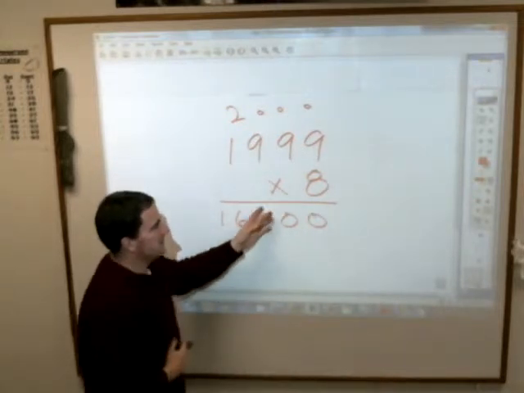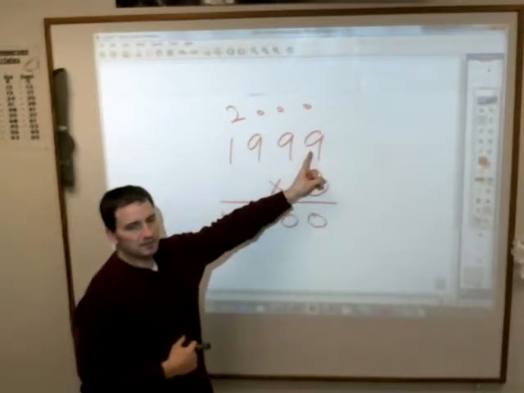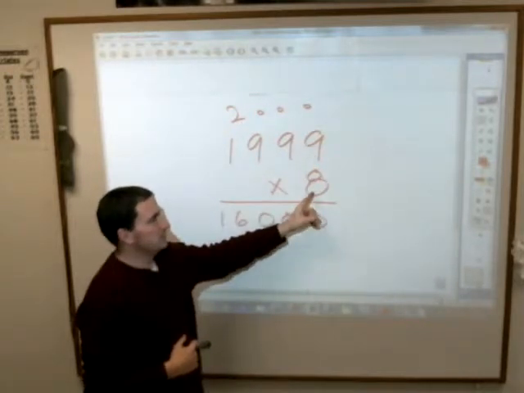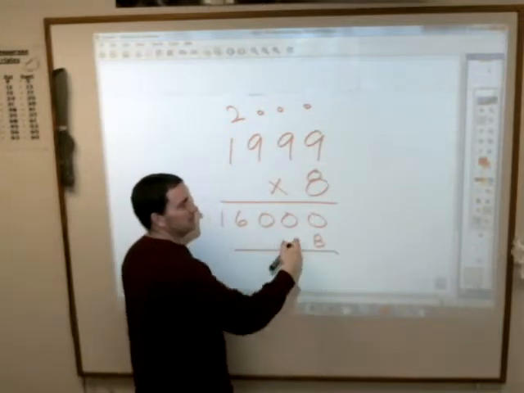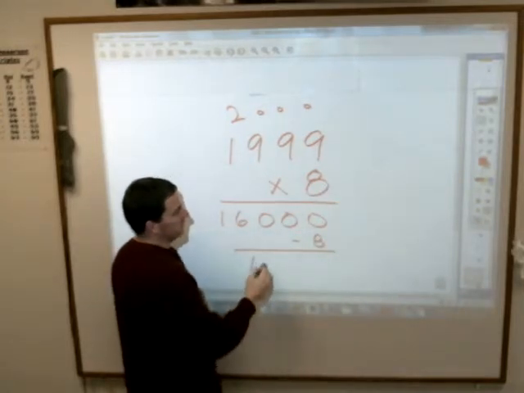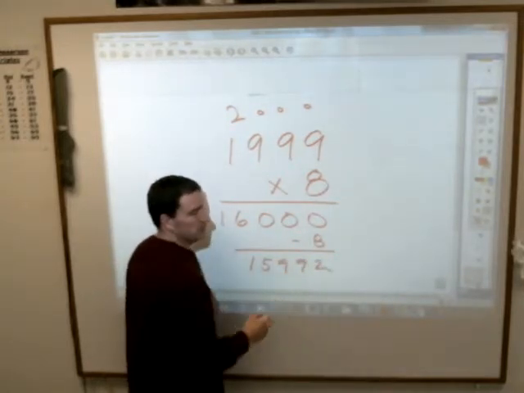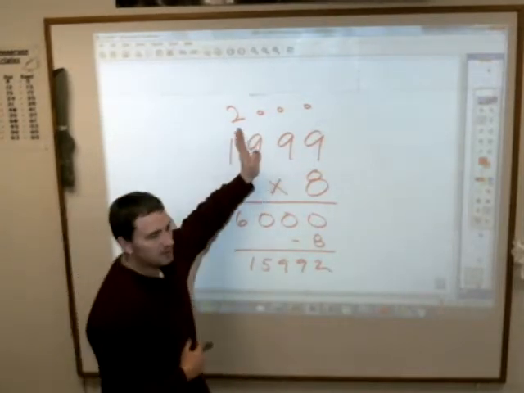But it's not 16,000 because it was only 1999. It's 1 away from that, so it's 1 away 8 times. So you just take 8 away, and that's going to be the answer as if you did a big long multiplication problem. It'd be 15,992.